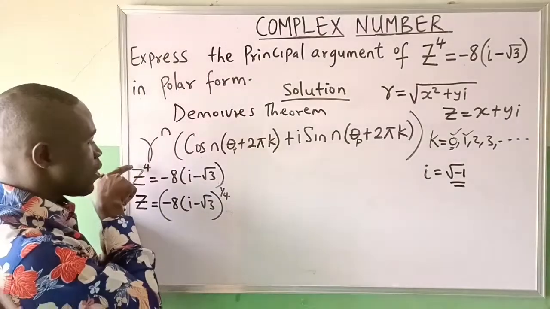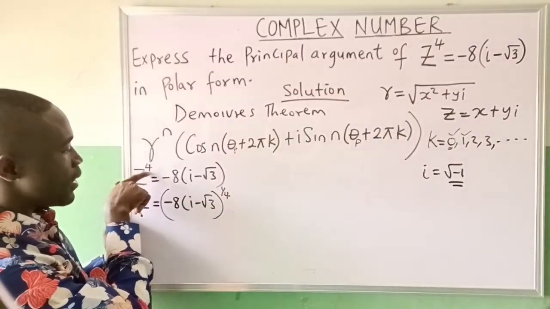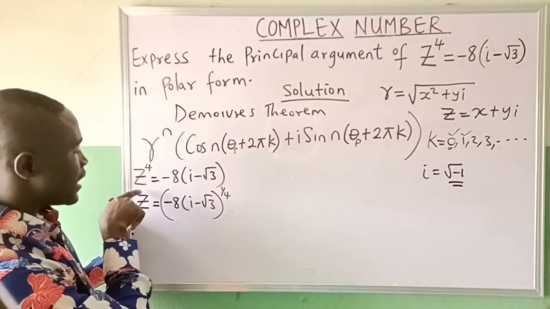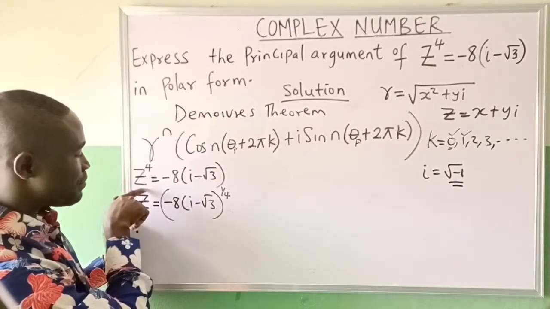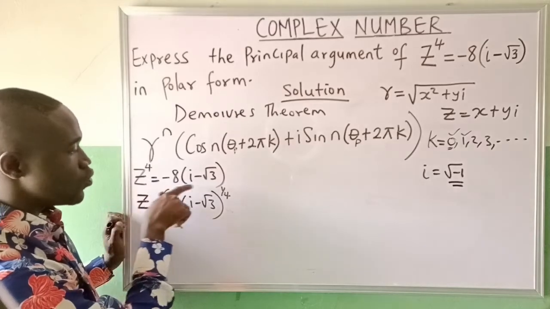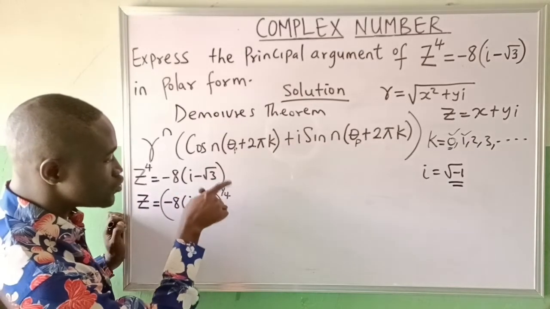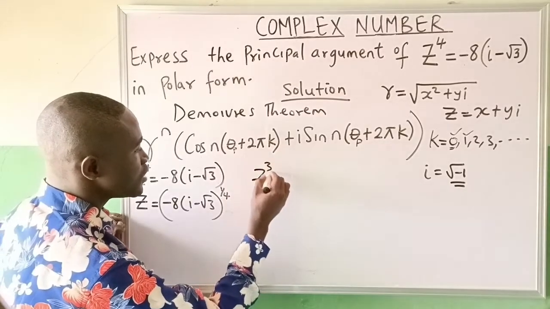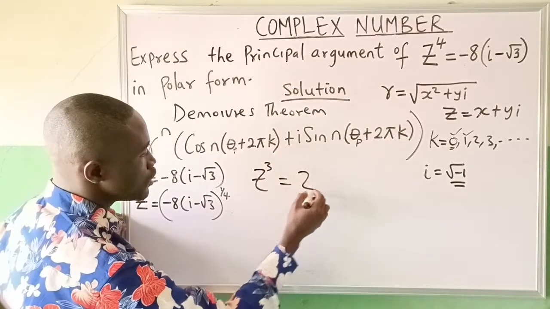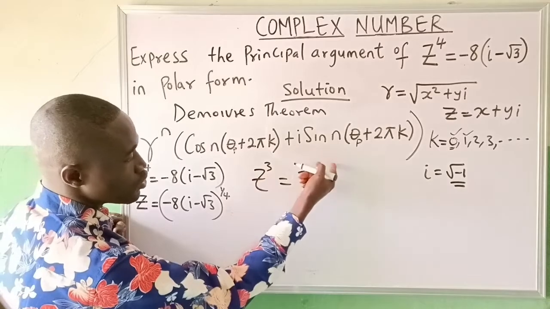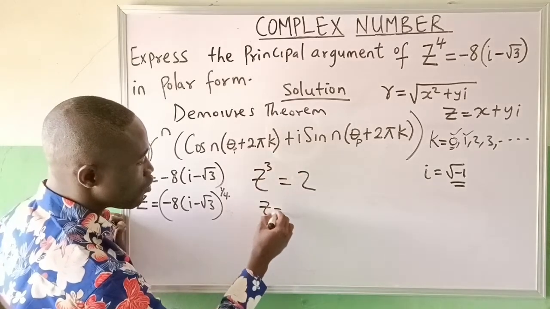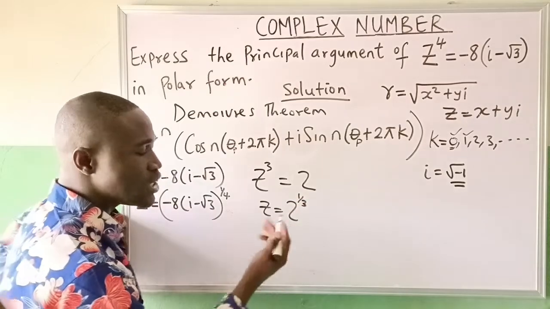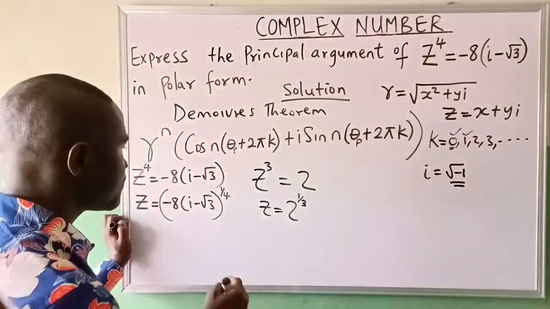Whenever a whole number is crossing the equality sign and that whole number was a power on the other side, it will change to a fraction. That is, if you have something like z to the power 3 equals 2, and this power of 3 is to go to the other side, you say z equals 2 raised to the power of 1 over 3. It is a rule in mathematics.